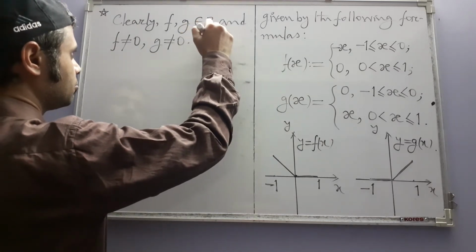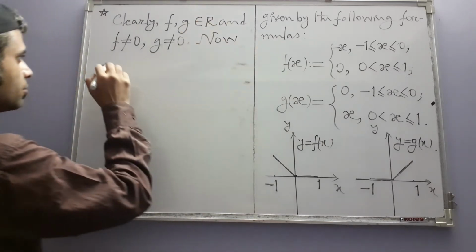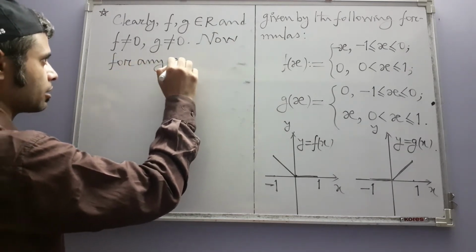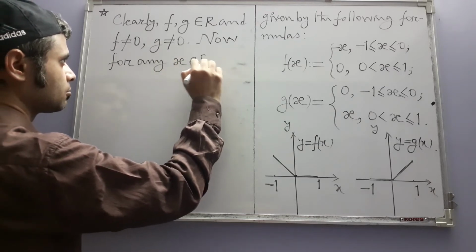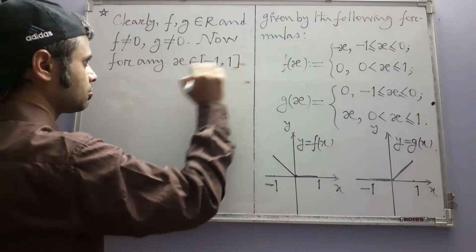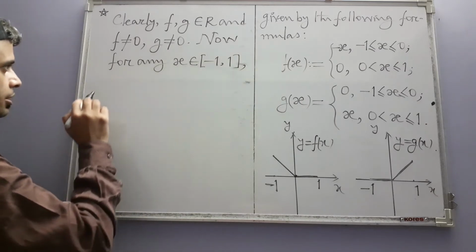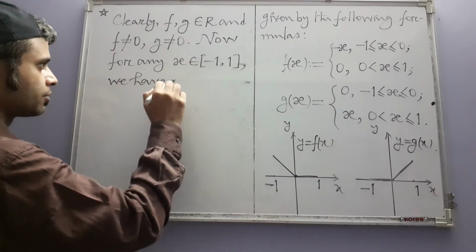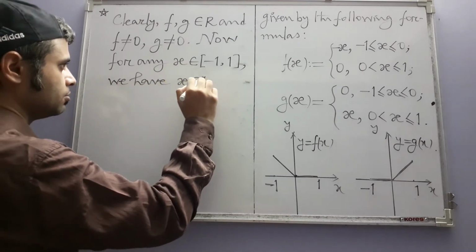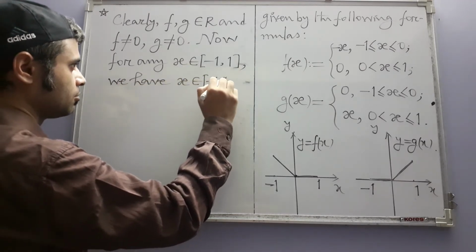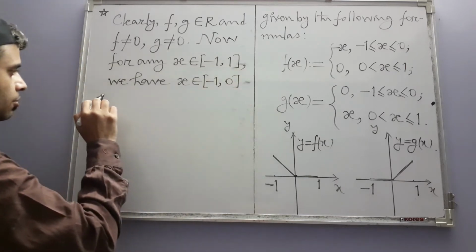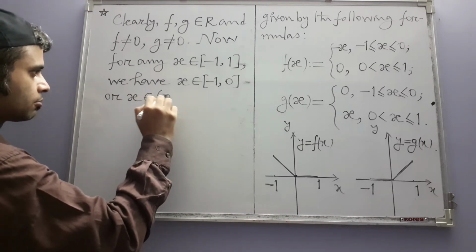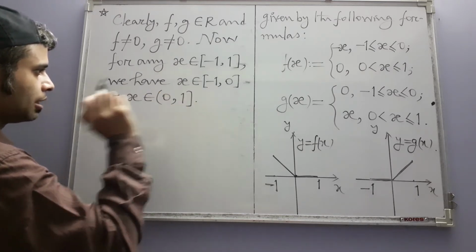Now for any x belonging to this closed interval, we have x belongs to minus 1, 0 or x belonging to 0, 1.